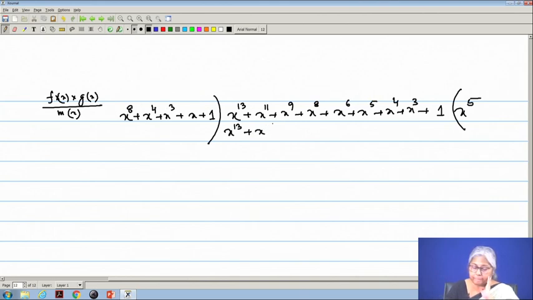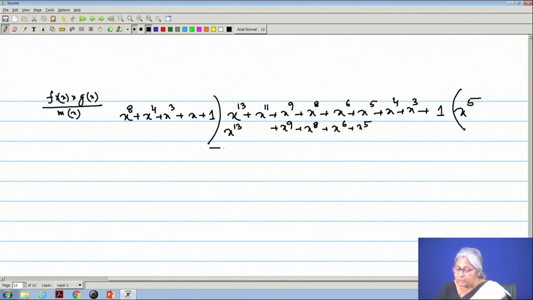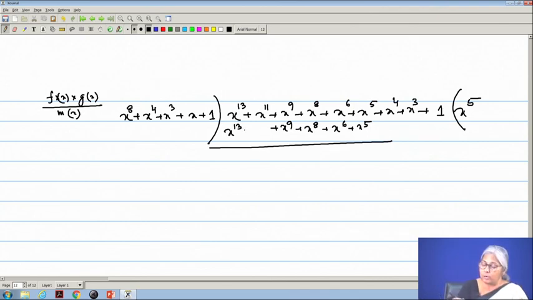I have one x to the power 9 term, so I can write here x to the power 9, then x to the power 8, I have x to the power 6 also, and I have x to the power 5. This is normal addition, and under modulo 2 addition, addition and subtraction are the same. That is why we are not using any minus sign.